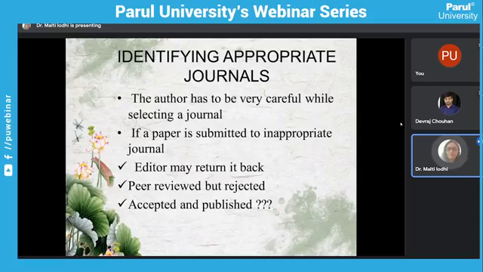Then identify appropriate journals. The author has to be very careful while selecting the journals. Sometimes it happens that we are not much aware, or unknowingly we give our topic, our research report, to inappropriate journals.